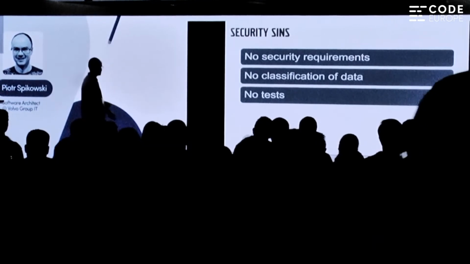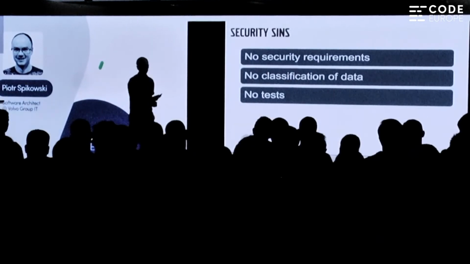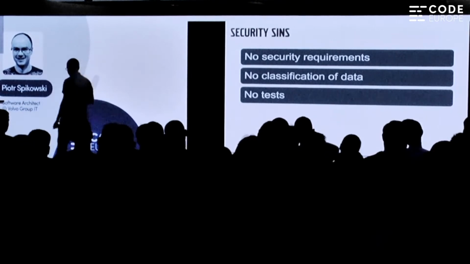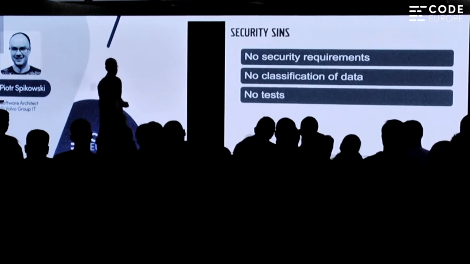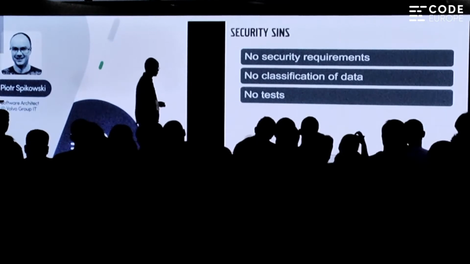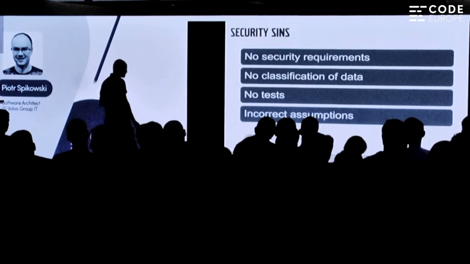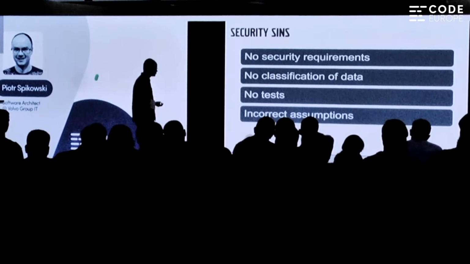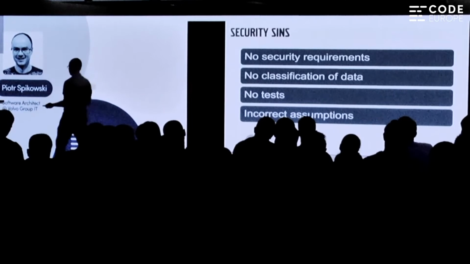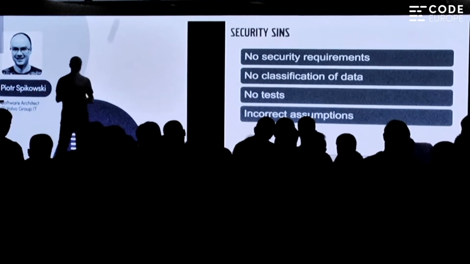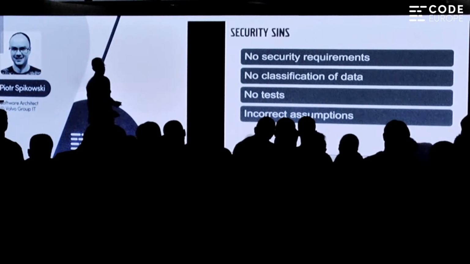And do test your things, of course. Even if we come back to the simplest example with authorization, then we should, of course, test authorization as we test any other business logic within our applications. Do be careful when making assumptions. One may say, I do not have to encrypt anything because it's stored in the configuration file on the server.